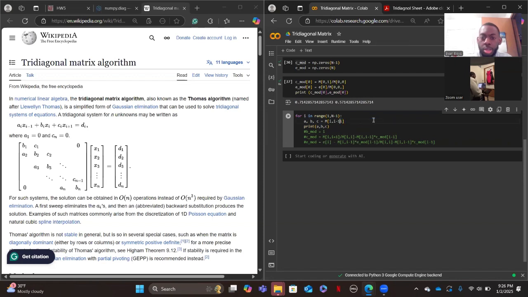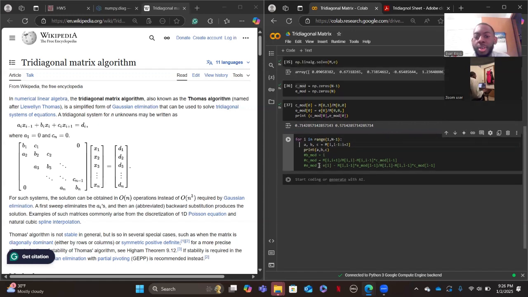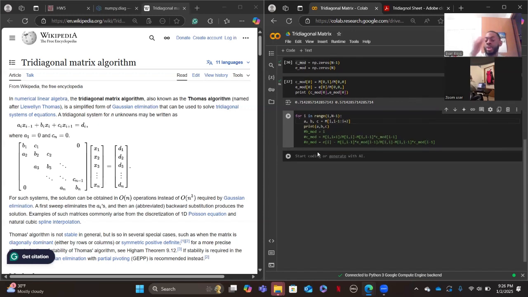All we need to do from this point on is just do an I plus two, and it captures all the A's, B's, and C's for all the three looping rows that we're working with.